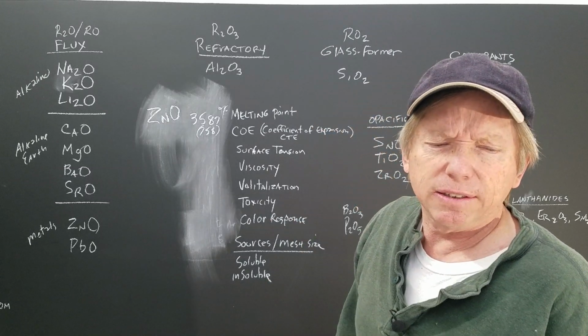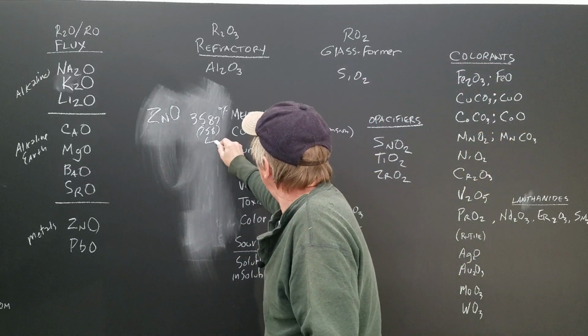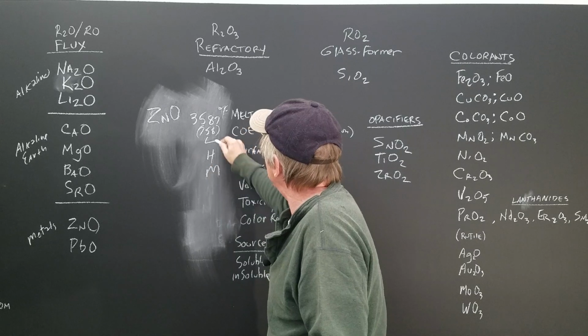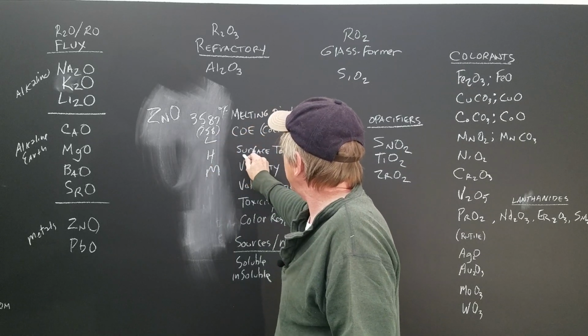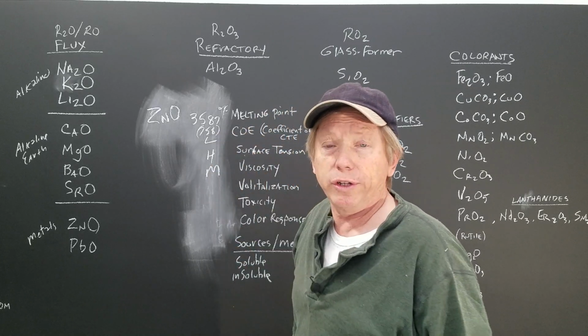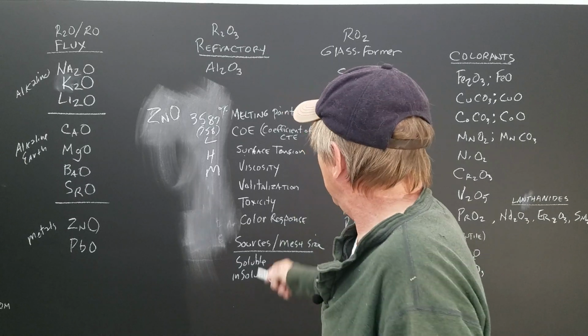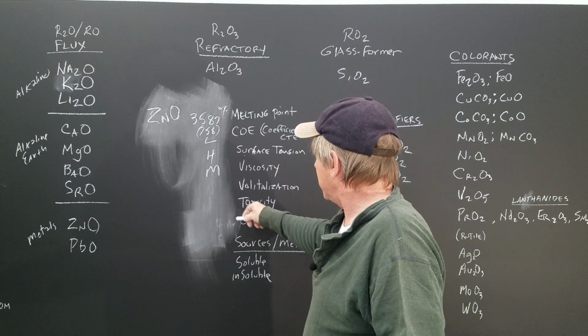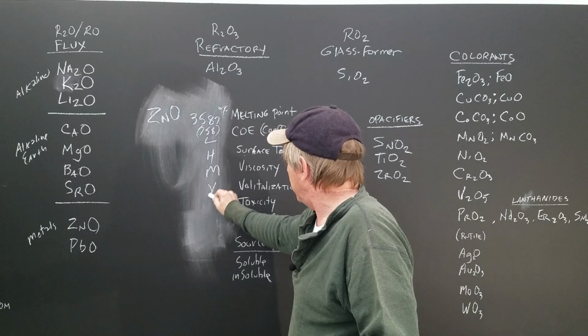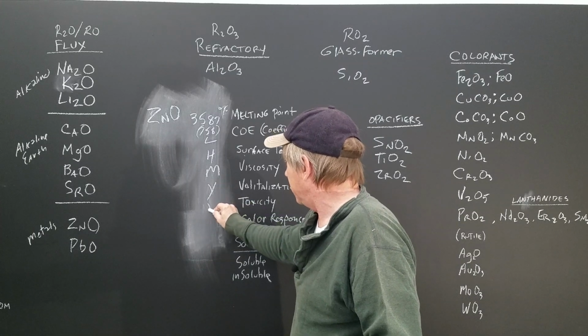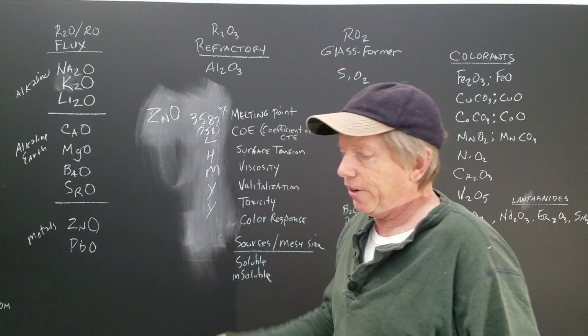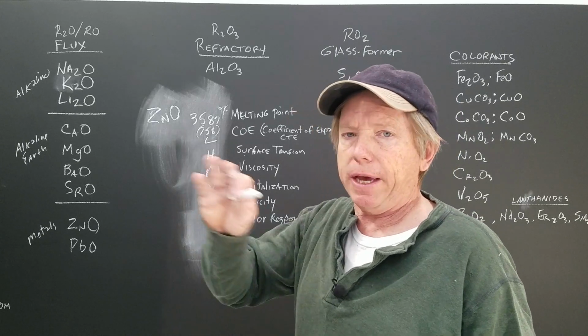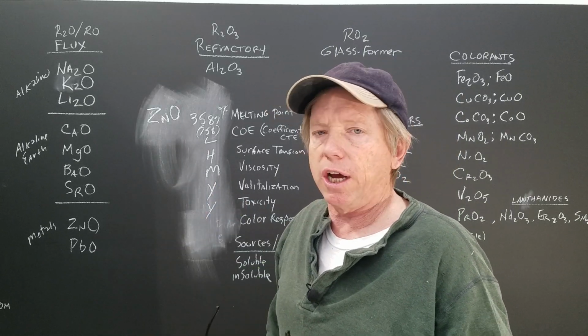Okay, it has a low coefficient of expansion. It has a high surface tension because you can have zinc crawl glazes. It has a medium viscosity. I said it volatilizes. It can be toxic. If it goes off as a gas and the metal is in the air, it's not good.